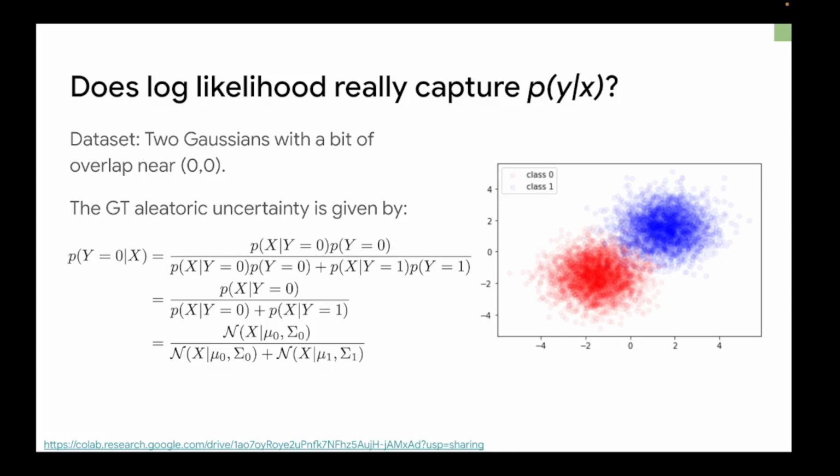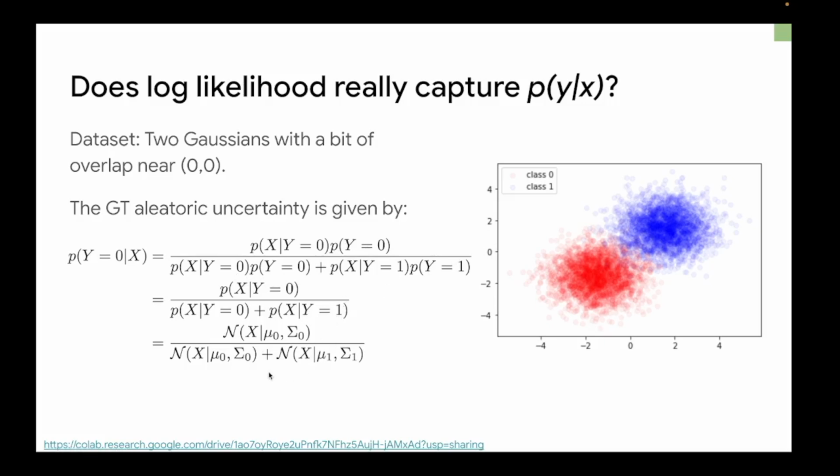To make a reference point, we calculate the ground truth aleatoric uncertainty for every x, which is given by P of y equals 0 given x, again using Bayes' theorem. You can flip the two. And since we have the full generative process, we know that these are Gaussians coming from two different centroids, so we can express everything here.